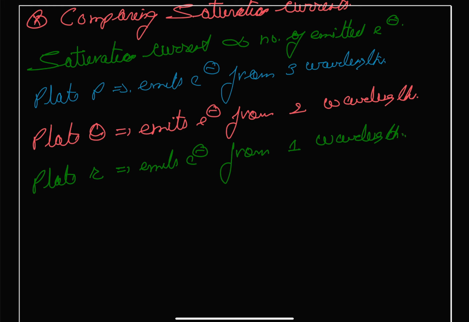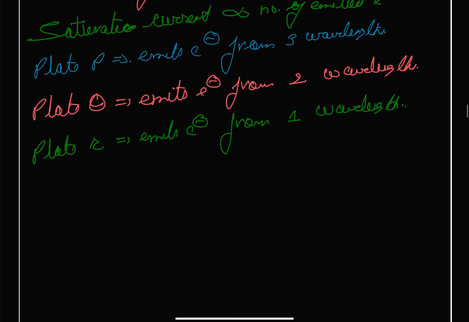So quite obvious, if the saturation current for P plate is IP, for Q plate is IQ, and for R plate is IR, therefore we can write that IP will be greater than IQ, will be greater than IR.